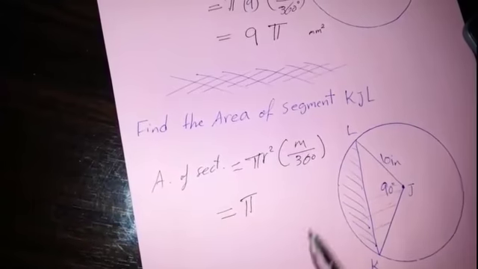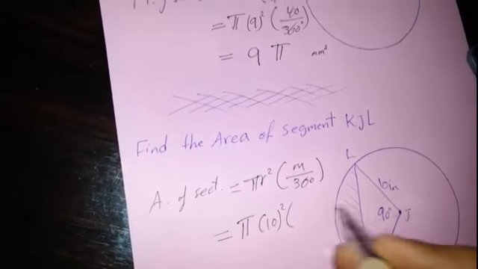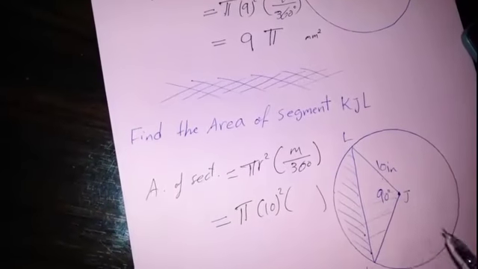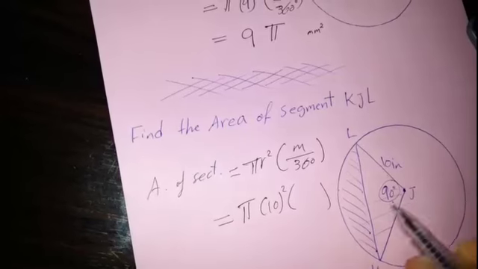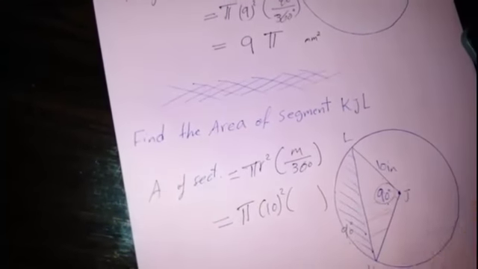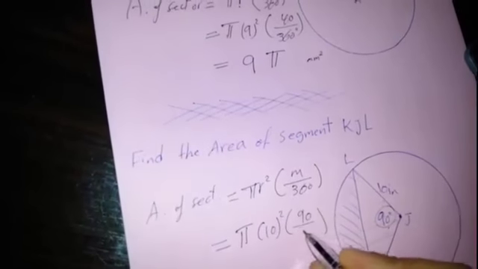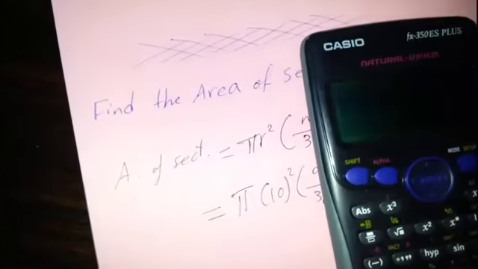R is 10, so I write 10 to the power 2. M is the measure of the arc. This angle is 90, which is the central angle, so the arc also will be 90, because the arc is the same as the central angle. So this is 90 over 360. Equals. Do this by calculator.